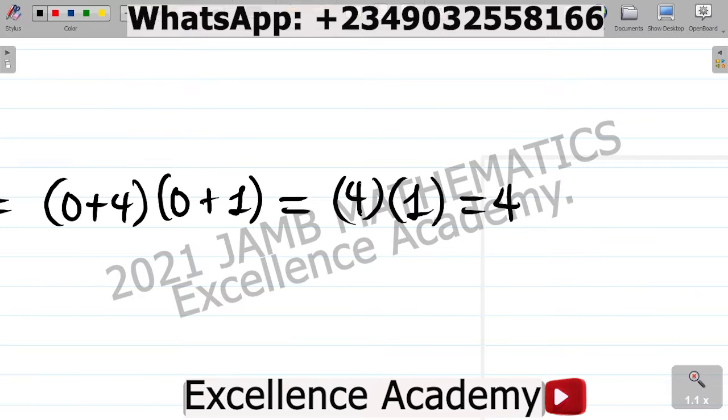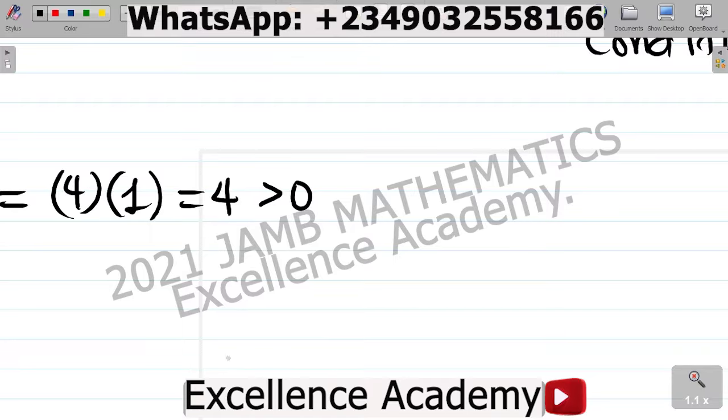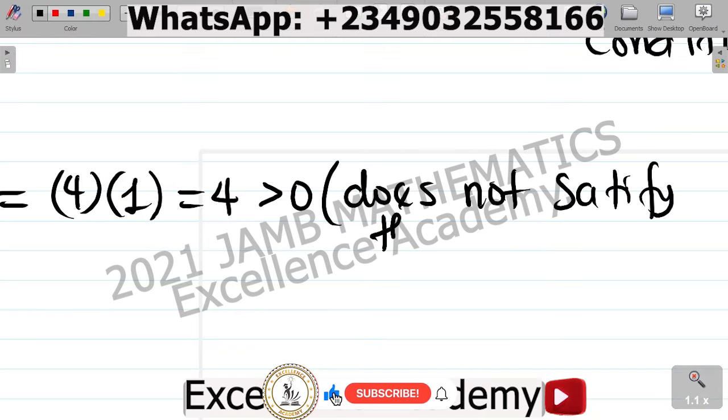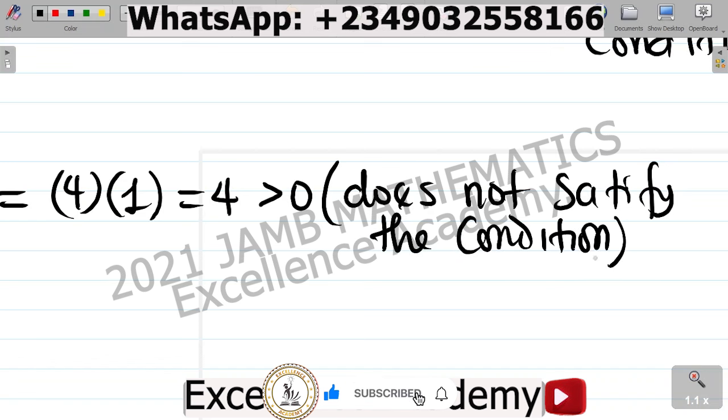This 4, as you can see, is greater than 0 and does not satisfy the condition. So this will not satisfy the condition.